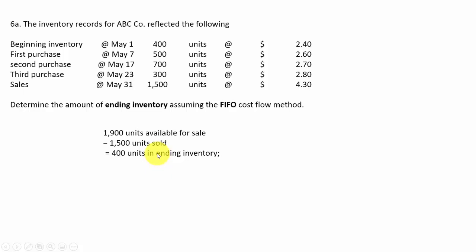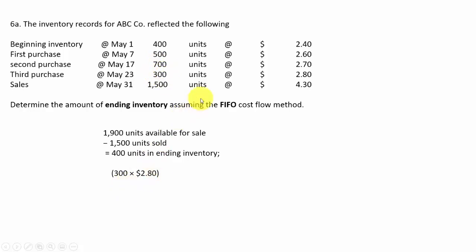Now let's figure out the cost of it. The cost will be based on what we sold. If we sold 1,500, these are all gone, these are all gone, these are mostly gone except for 100. So we have 100 of these left, and we've got 300 of these left.